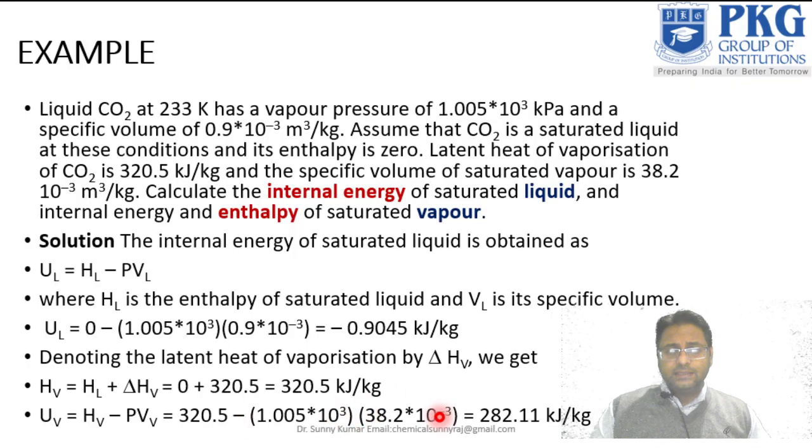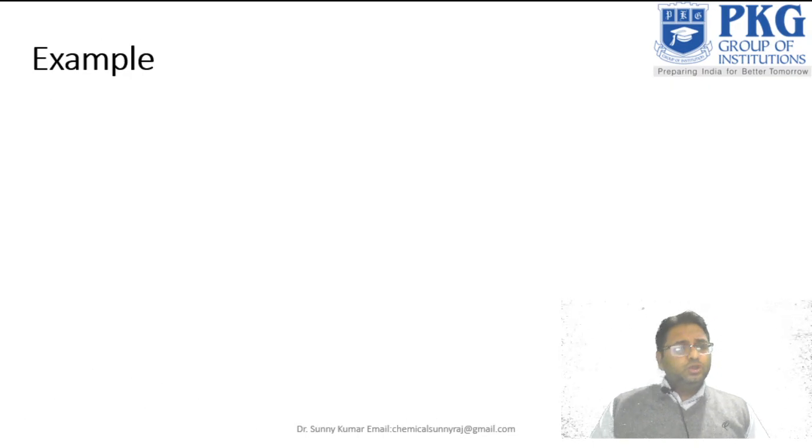When you multiply this, you will get 282.11 kilojoule per kg. This is the internal energy for the vapor, and minus 0.9045 is the internal energy for the liquid, and enthalpy we have already calculated.